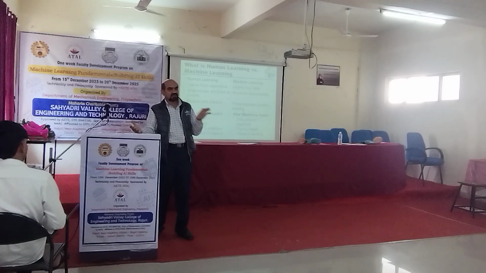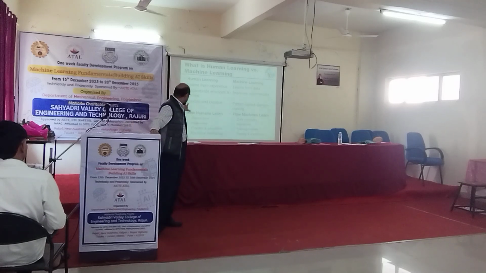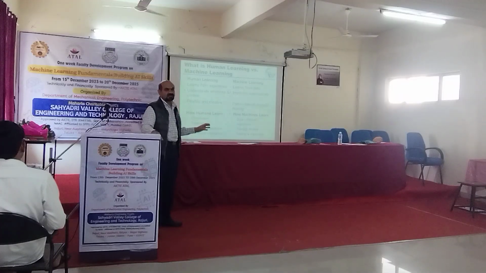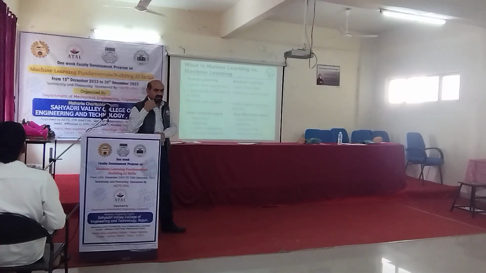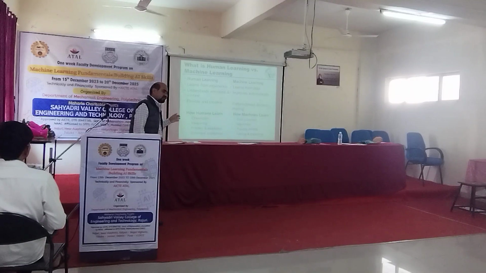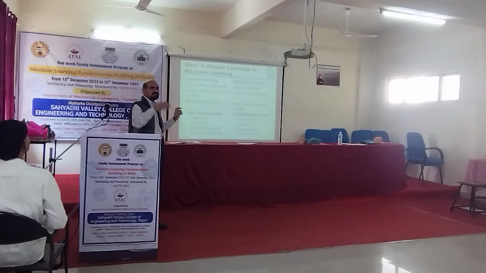Humans have emotion and different contexts, different works, different requirements, we can say, but machines do not. Then human learn from observation, reasoning, practice and adaptation, emotional intelligence, and machine learns from the data. Algorithm is the model.